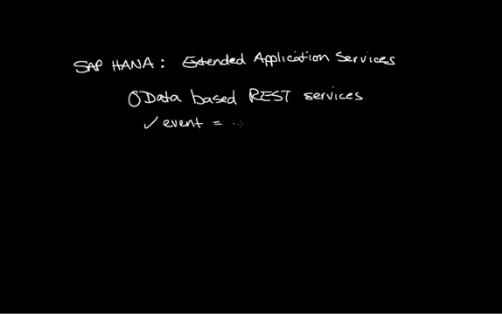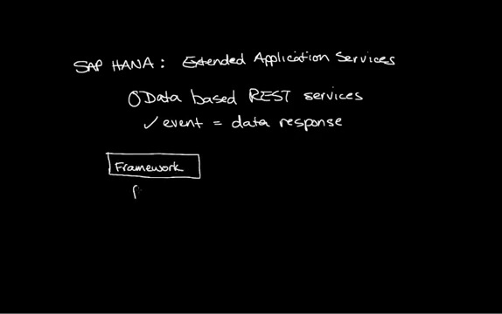These types of services are ideally suited for handling events on the client side and responding with data that can be injected into your user interface, into your web page. They're also very easy to build because we have a nice reusable framework within the HANA Extended Application Services that does most of the processing for you for the creation of the service.